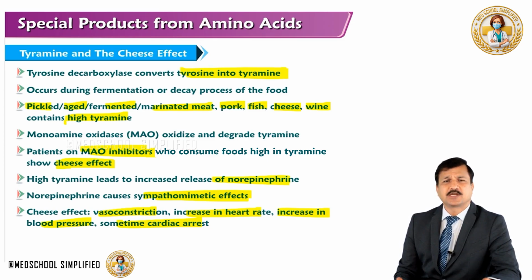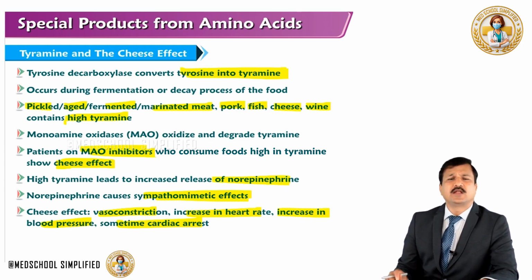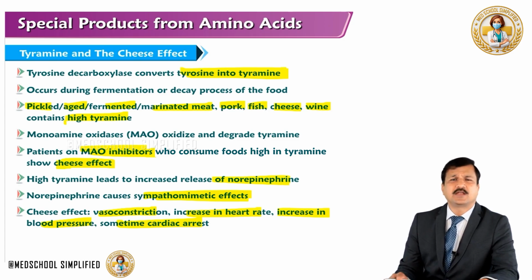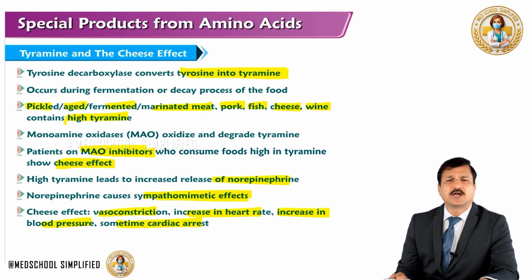Note that it is because of an increased amount of tyramine in the body, and this tyramine will lead to increased release of norepinephrine. This is commonly seen in people who are on monoamine oxidase inhibitors, and on top of it, if they consume any food that has high levels of tyramine.